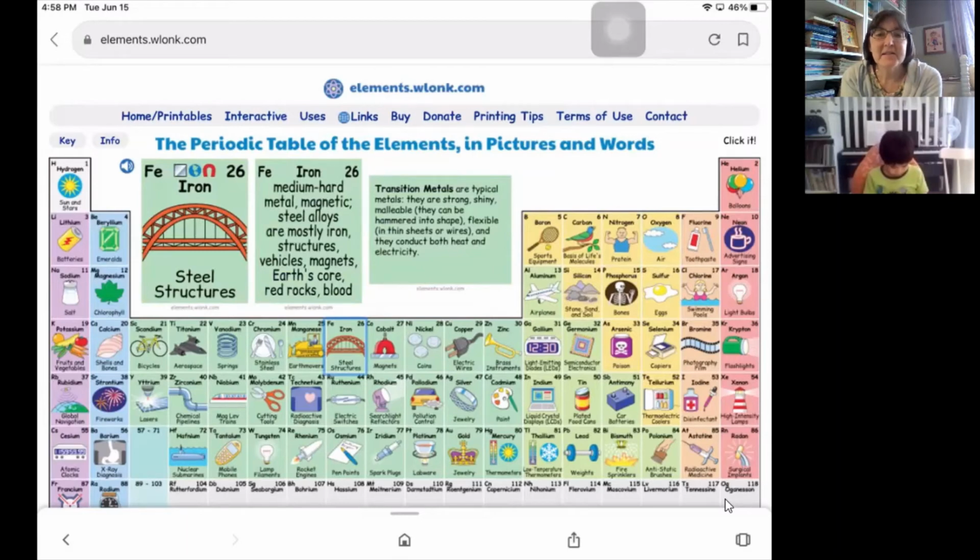Iron is in steel structures, magnets, red rocks. It's even in a bridge. Did you find it? Yes. Iron is even in our blood.